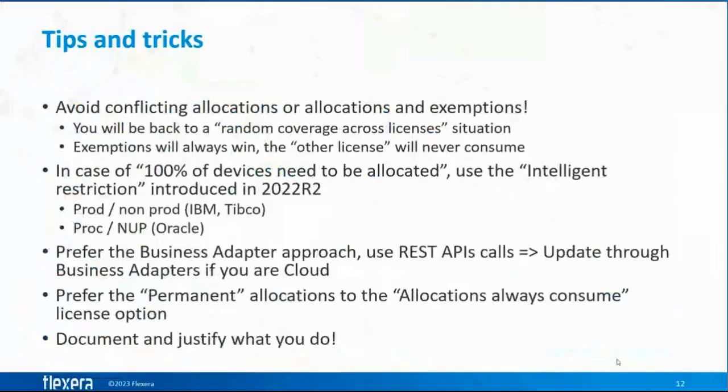Because each report is scoped to a population which is disjoint with no overlap, you have no risk that a production server starts consuming from the non-production license. So I would say, use this new intelligent restriction.